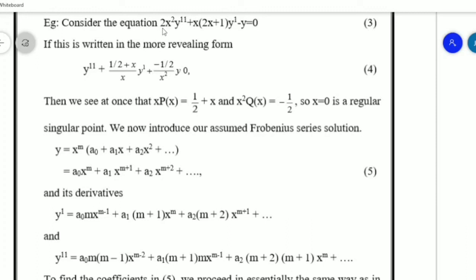Equate all those coefficients to 0 and arrive at either a recursive relation or find a0, a1, a2, a3, a4 values and substitute in our solution term. You will arrive at the solution. This is the Frobenius series method.